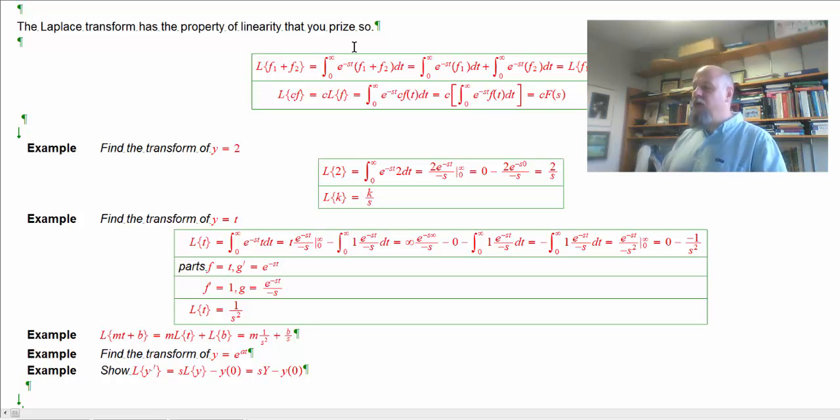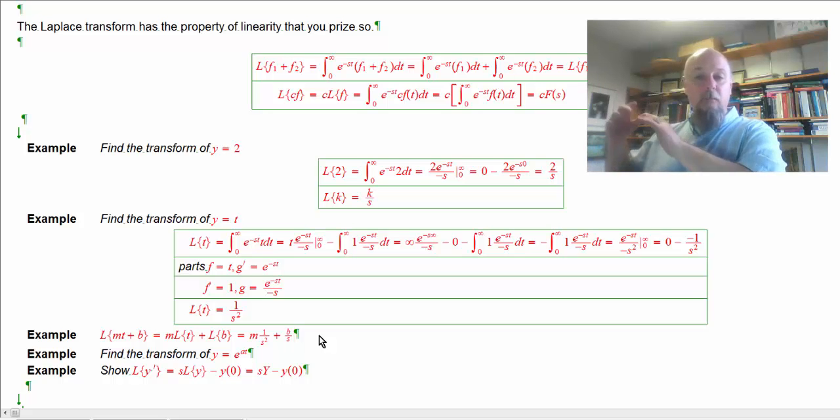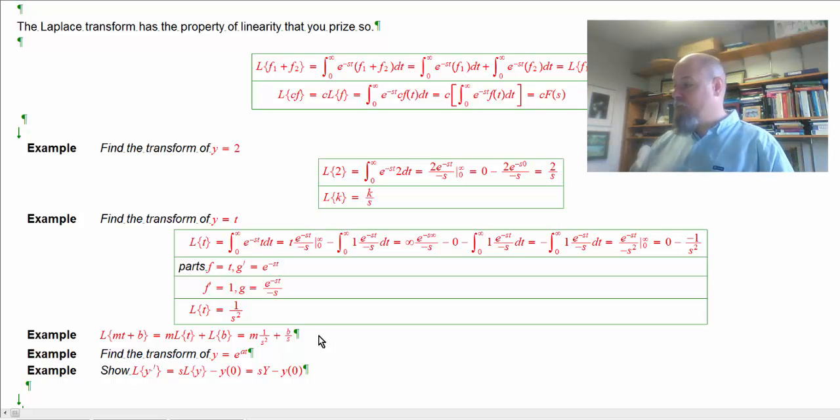So there, now we can take the Laplace transform of any line using the rules that we made. That will be the case. The more rules we have made, the less actual integration we have to do, the more that we can just rely upon combining the Laplace transform rules together.